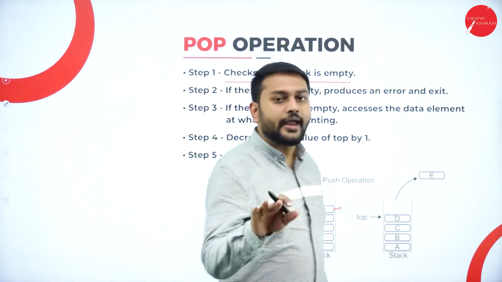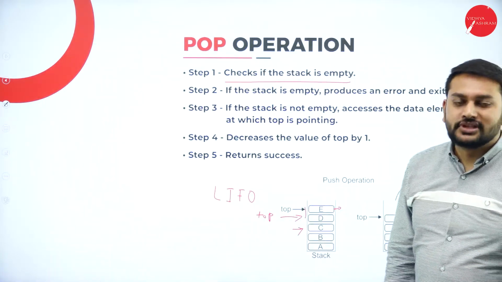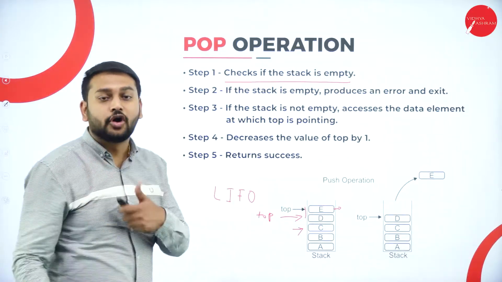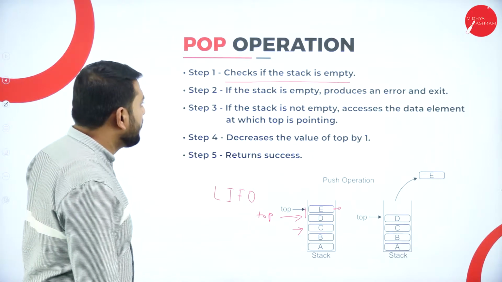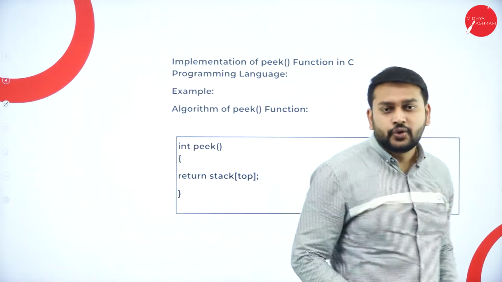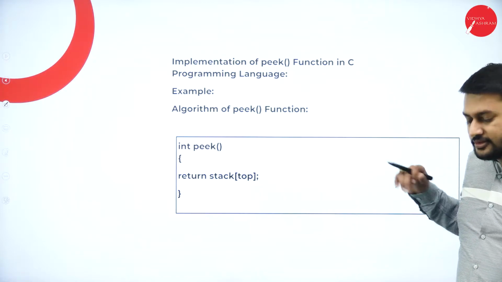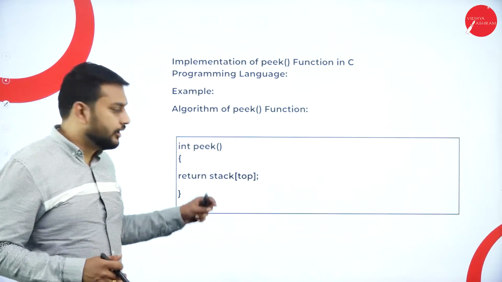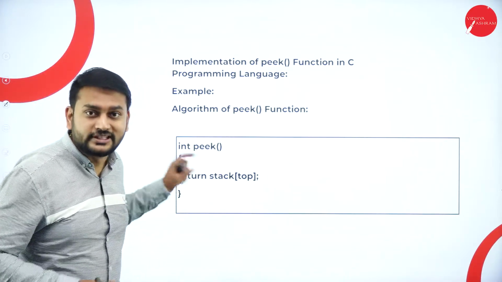This is how I perform the pop operation. That's what you need to remember at this point. Hope push and pop are very simple for all of you to understand. All right, moving forward to the next slide. I've taken some snippets to explain the peek operation so that you will understand the program snippet also along with this.